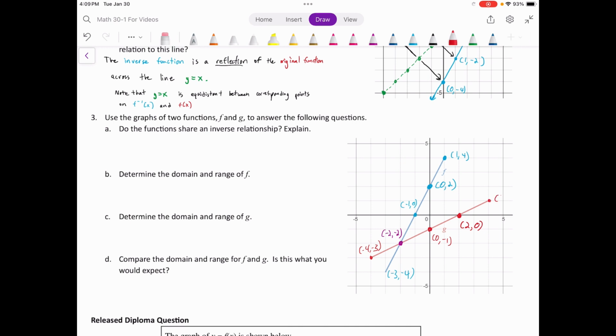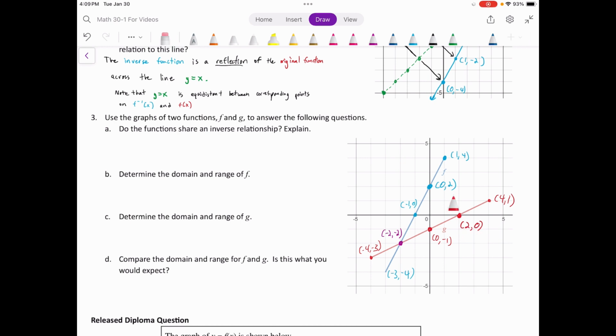So do they share an inverse relationship? I definitely think so, right? I would say yes, they certainly do, because look, every single point we checked has a corresponding reversed point on the other graph, right? You can find for every point on f a point on g where the x and y values for that point on f have been swapped, right?